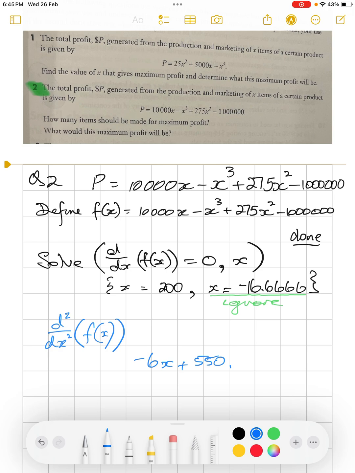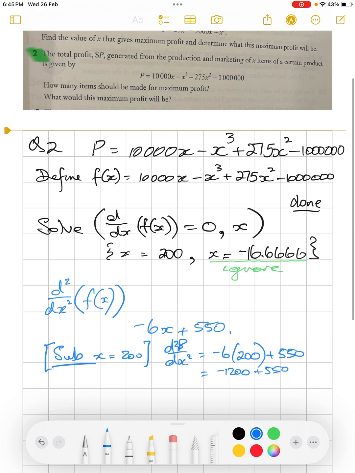So if we substitute x equals 200, our second derivative, d2P dx squared, would equal negative 6 times 200 plus 550, which is negative 1200 plus 550, which is negative 650.